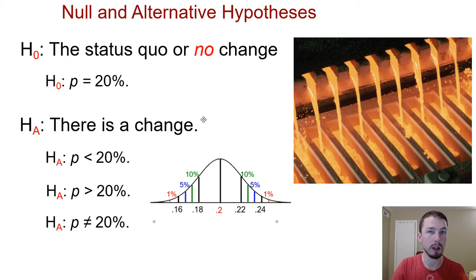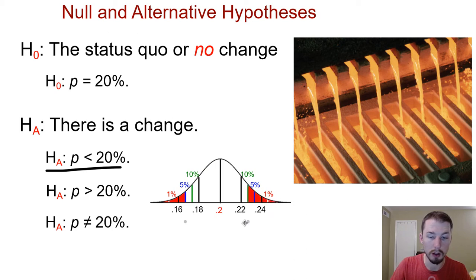Because we spent money, we're obviously trying to decrease our defect rate, so we're only interested not in whether it's increased, but only if it's decreased. So the correct one that we will be using for this one would be that the proportion has decreased. So we want to know, has it gone down? If it's gone up, then we would be looking at the right tail.